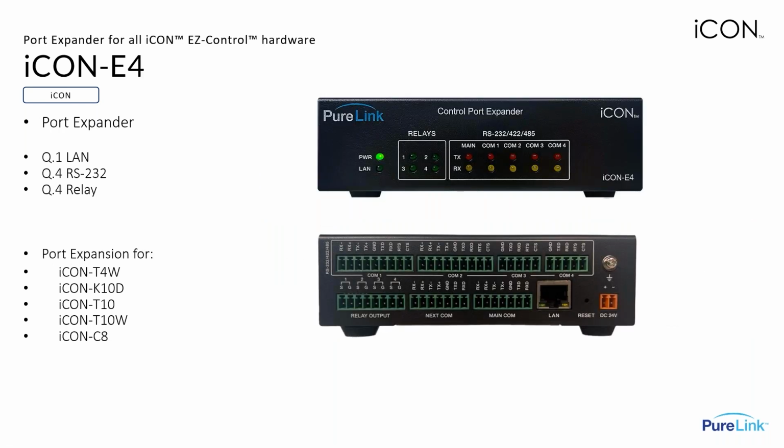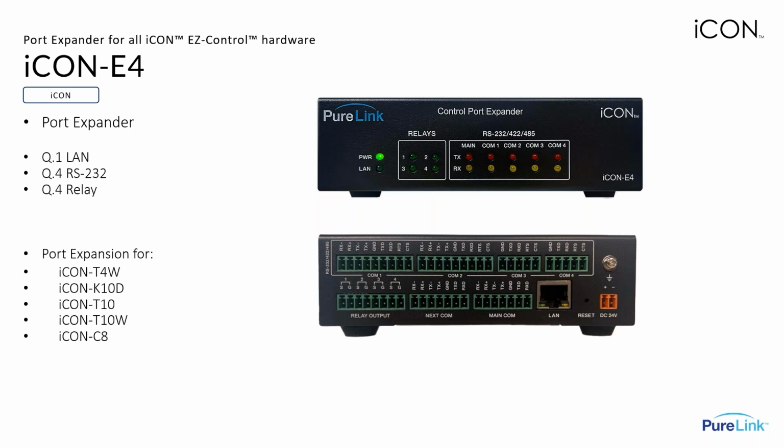All right, so the last piece of hardware we're going to look at is the E4. The purpose of the E4 is only to provide COM or relay port expansion to your iCON system. And because it connects to the network by LAN, I can put an E4 anywhere I need it to be.